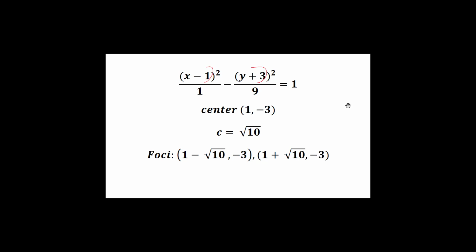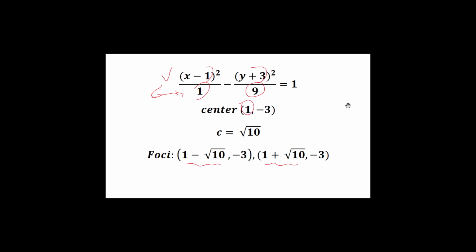What is the focus? Well, you have to calculate c, and c squared is a squared plus b squared. So c is the square root of 10. Now we know that this hyperbola opens east-west, right? And so we're going to add and subtract c from the x part of your center.